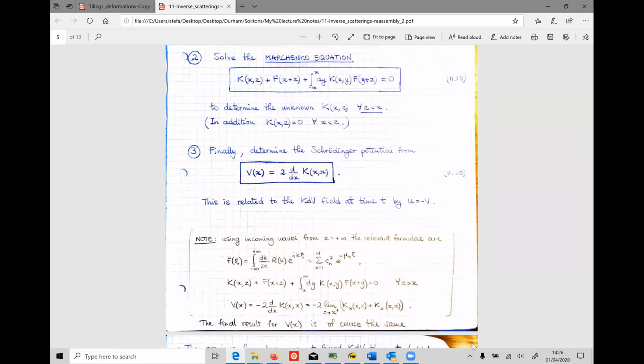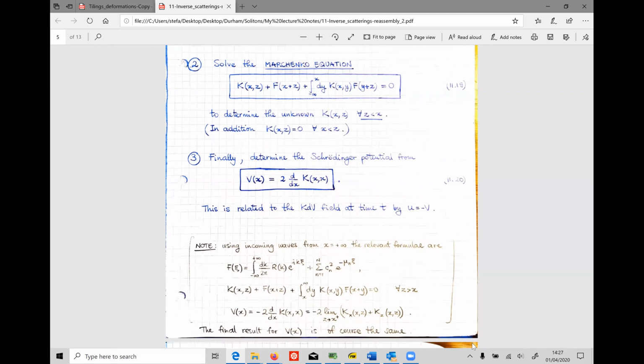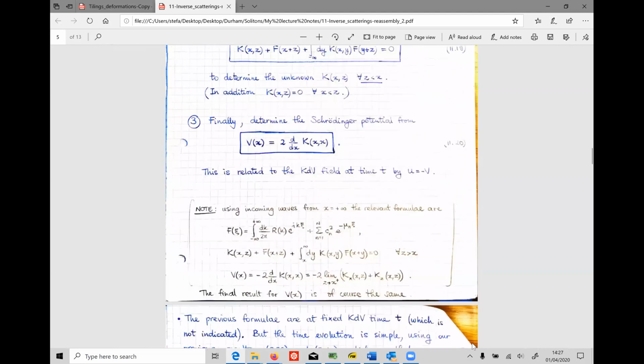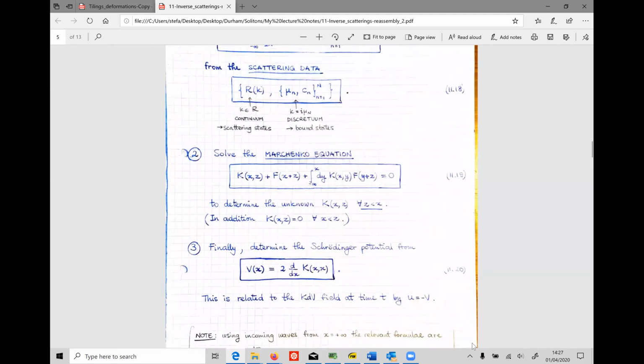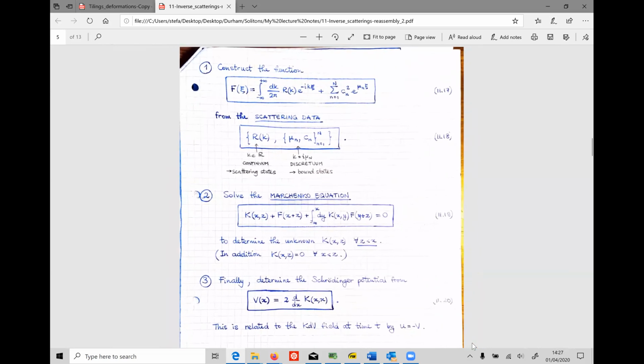There is a comment there on how the formulas look when you look at asymptotics at plus infinity, as in the book by Drazin and Johnson, but let's not worry about that. Essentially, this three-step procedure tells you in principle how to do this inverse scattering.